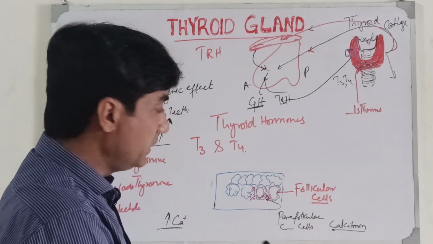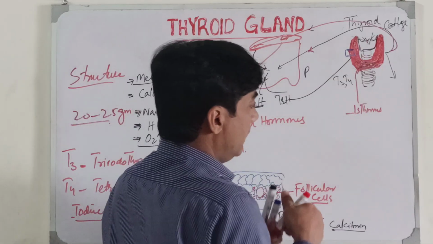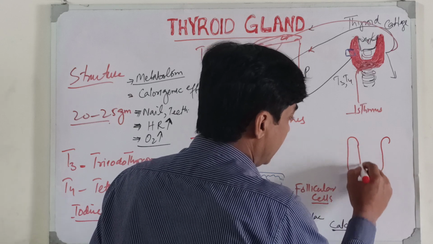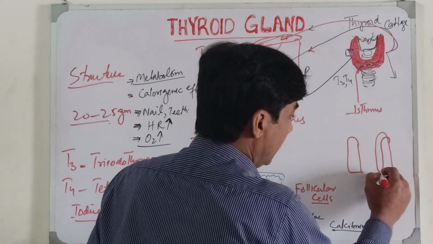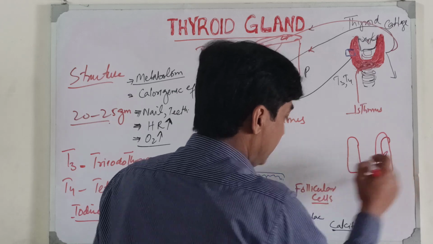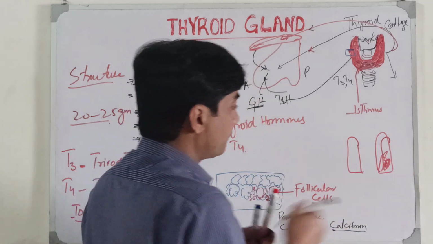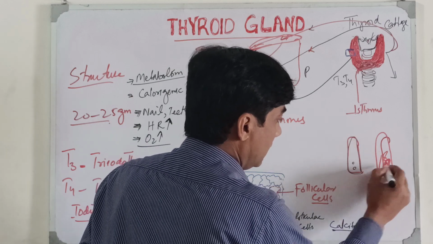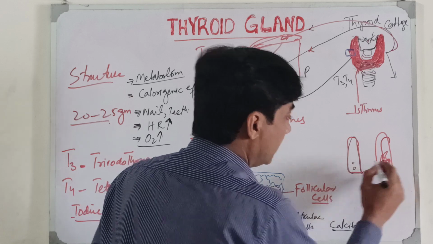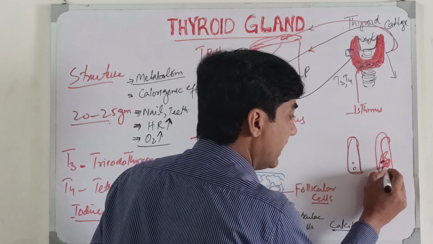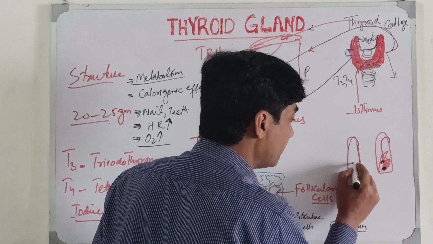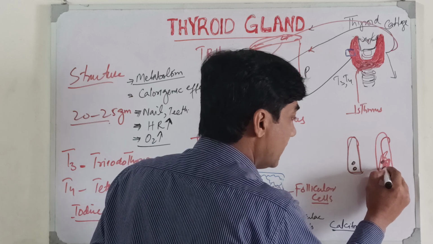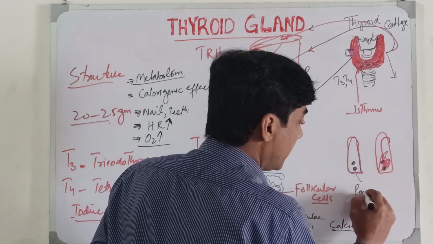We will discuss the posterior part of the thyroid gland. Basically, posteriorly, the thyroid gland is not connected to each other, and there are four other glands called parathyroid glands, which are embedded posteriorly, and these four parathyroid glands secrete parathyroid hormone.